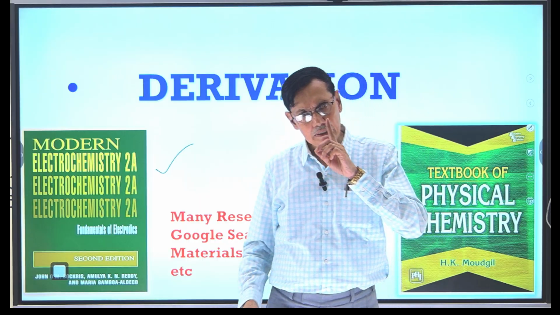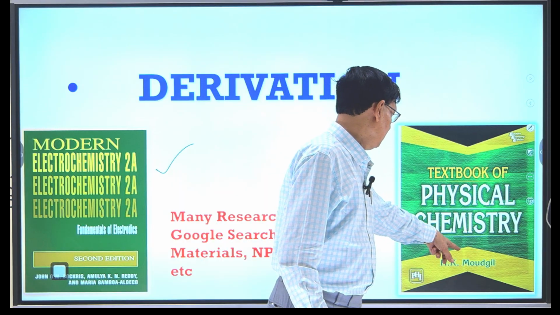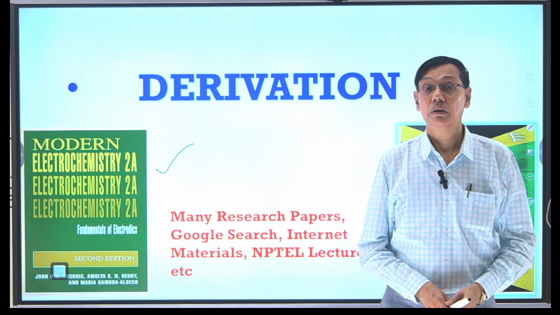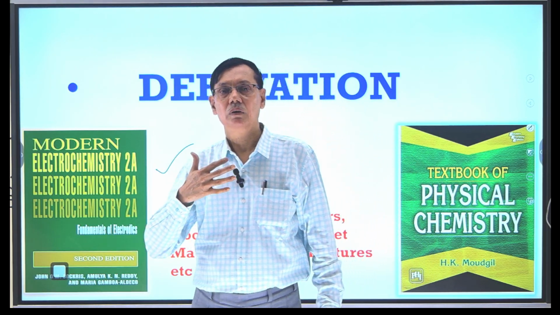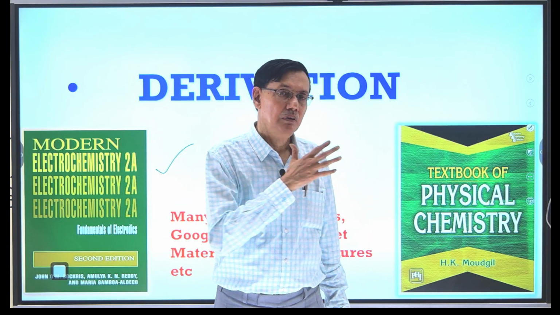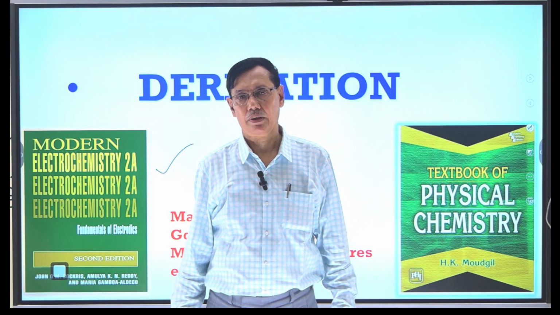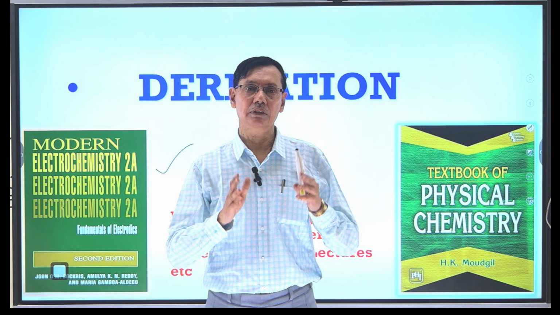I have found another Indian book, that is a textbook of physical chemistry by Gill. Of course, they have given the complete derivation of Gouy and Chapman model. But again, as I have already told you, it is up to you.